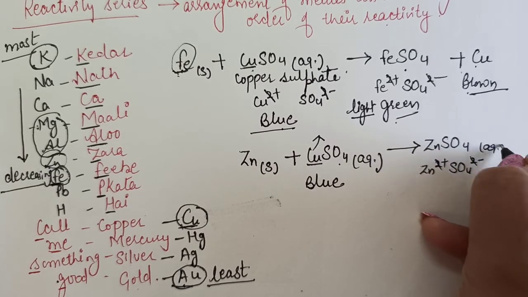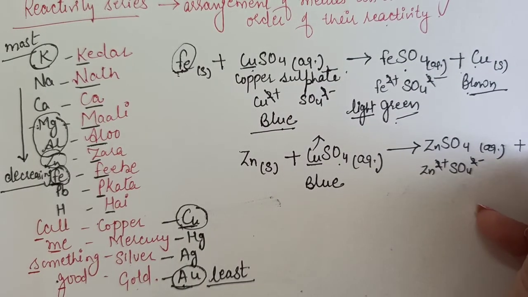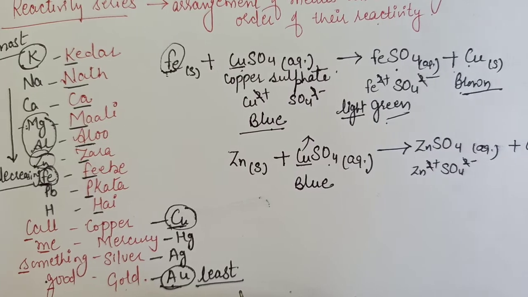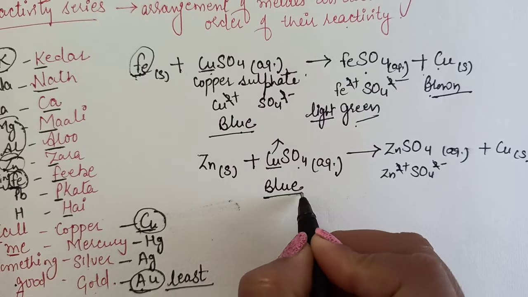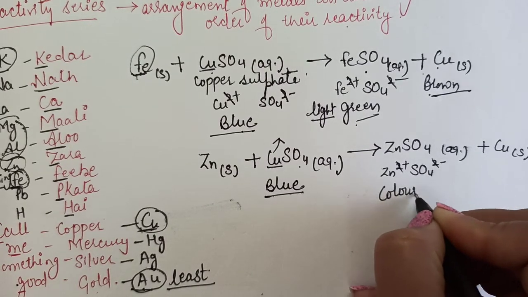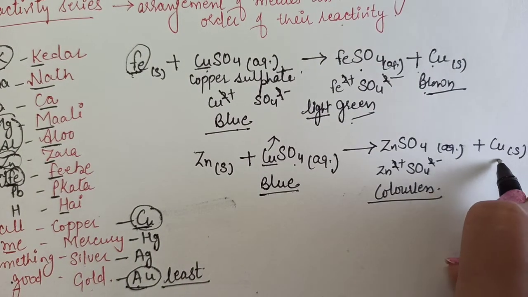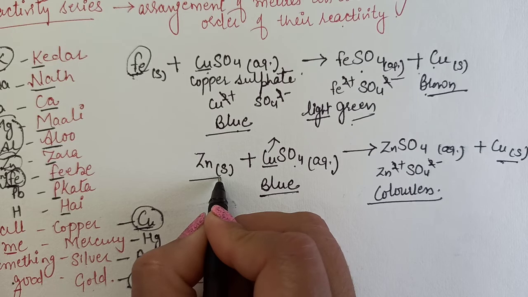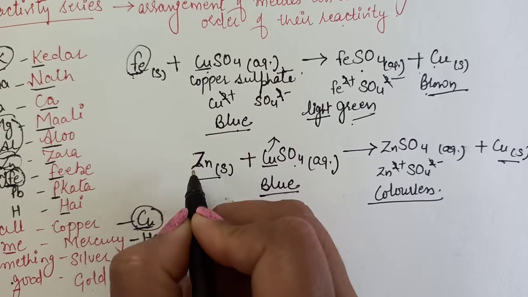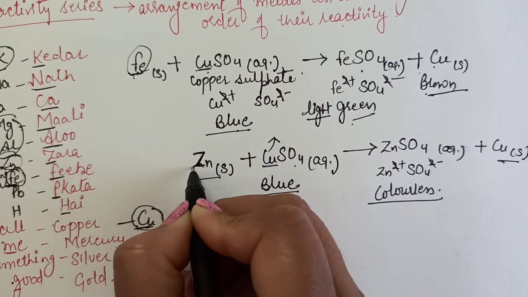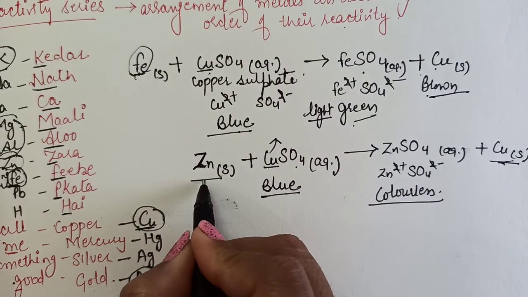This is aqueous solution. Here we will write also aqueous and solid, and copper gets displaced. Now the blue color will fade as the zinc sulfate is colorless, and a brown coating is observed on the zinc metal. It is silver or white in color, you can say. So a brown coating is formed on zinc.